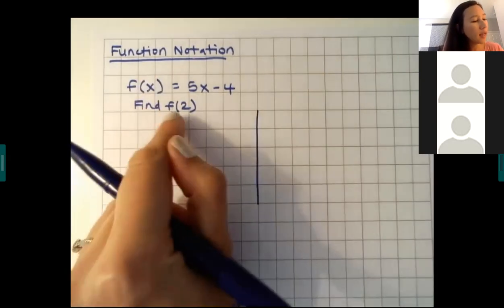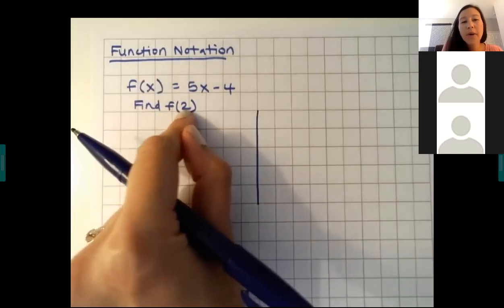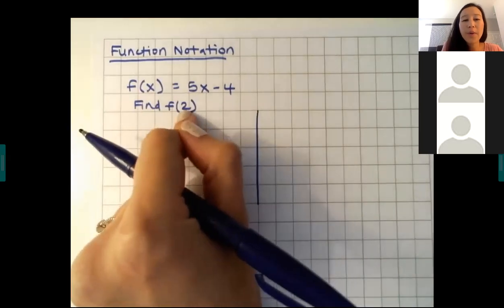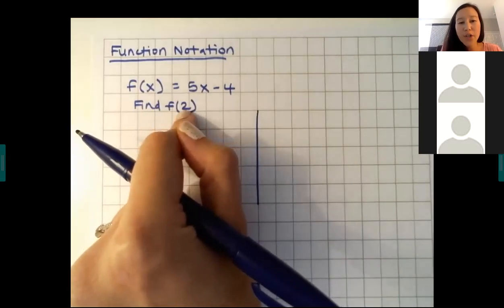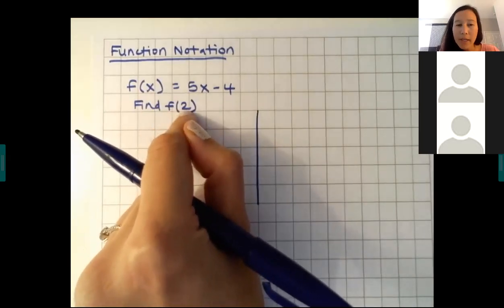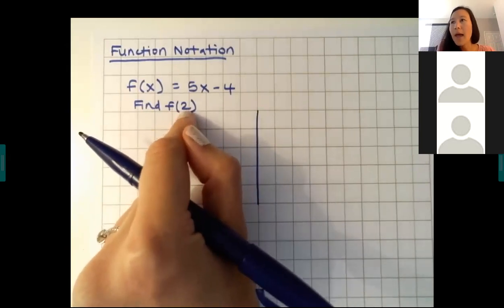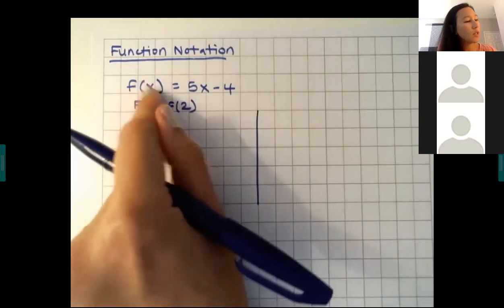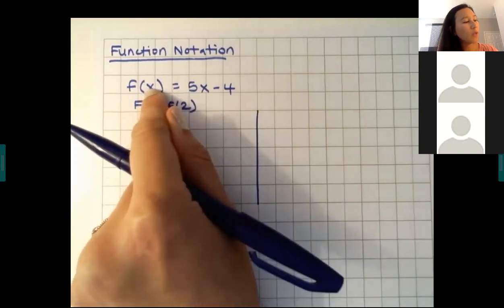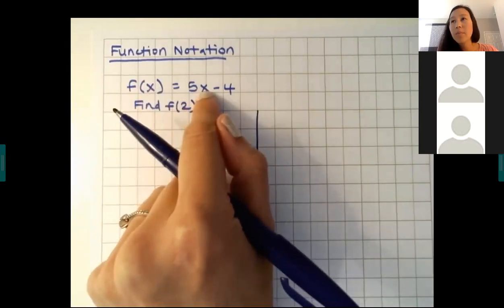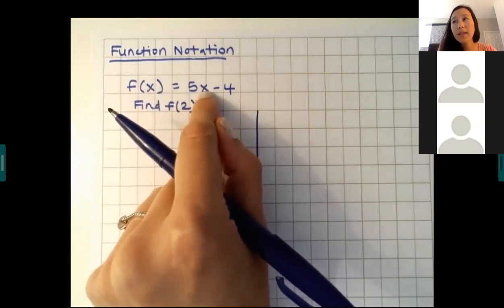So all this is saying is now x is 2. And so it wants you to find the value of this function when the input is 2, or the x is 2. So all you do is you're going to plug in the 2 for the x here.